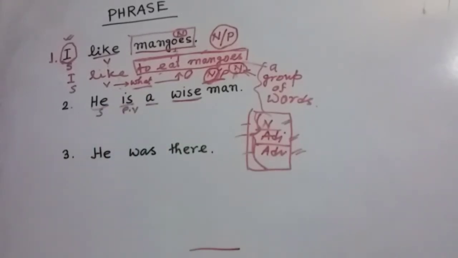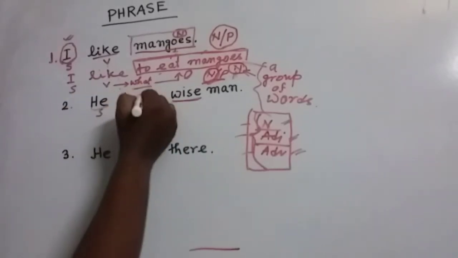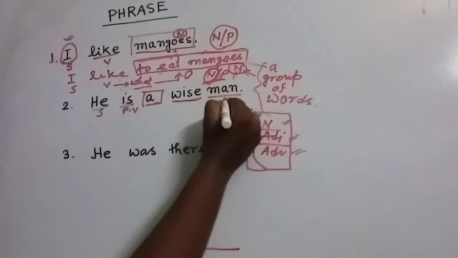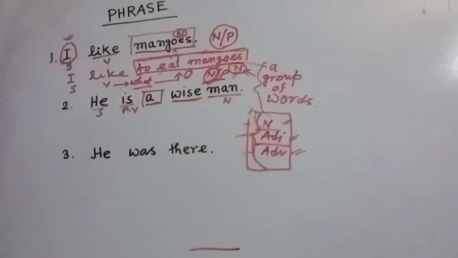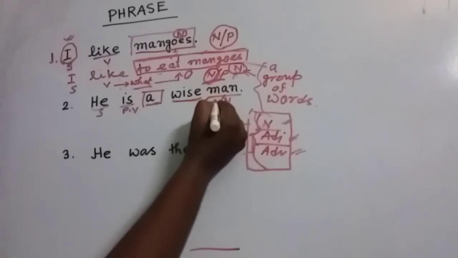It's basically an adjective, or you can say article or determiner, whatever you can say, that's not a matter. Here this is the noun. Actually, my dear friends, this is a complement. Here the noun is the subject complement.